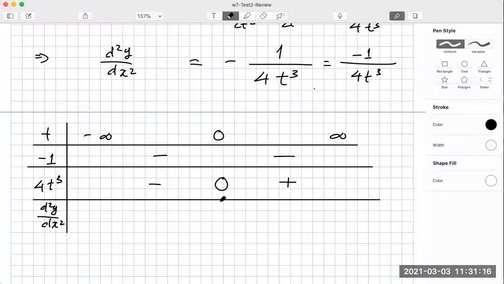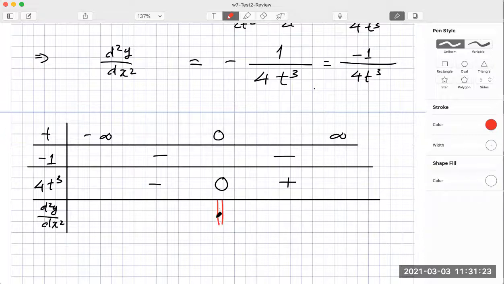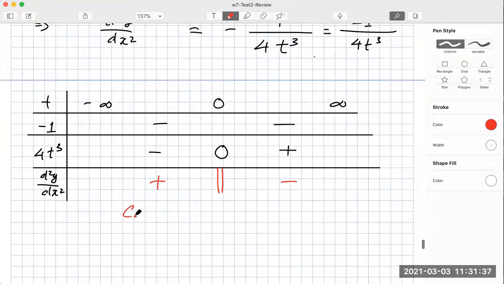When t is equal to 0, this fraction will be undefined, so that is why we use this notation. But when we negative 1 divided by a negative number, negative divided by negative give us a positive, negative positive give us negative. So therefore, it is concave upward when t is smaller than 0, and it is concave downward when t is positive here, right?